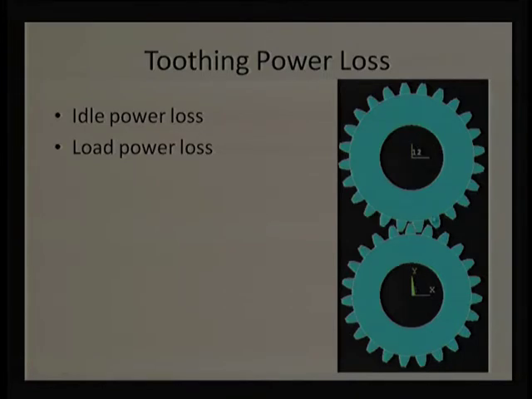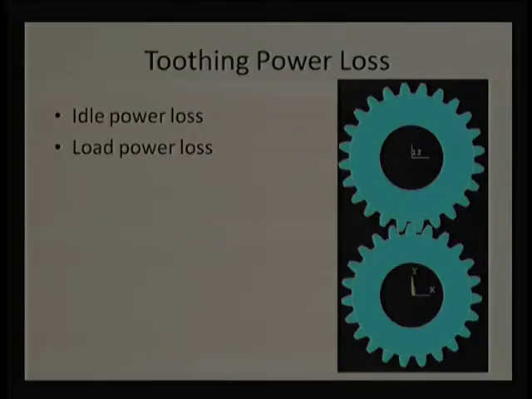When this wheel starts rotating, there will be a churning effect, a splashing action, and that splashing is going to consume power. So, that is the ideal power loss, and it will be higher when speed is higher. In other words, churning loss and windage loss increase with speed. It depends heavily on the speed.